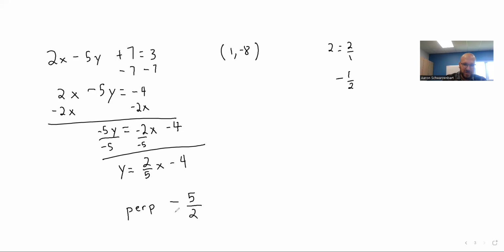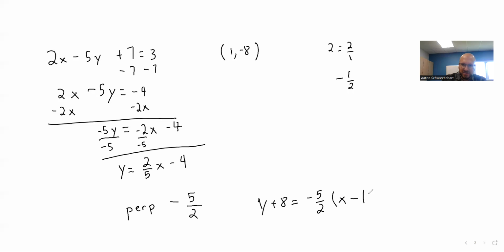So now that I've got my slope, back to the one I was working on. Now that I've got my slope, I will write my equation. Y, again, it's minus -8, so that's a plus. And this one is -1.